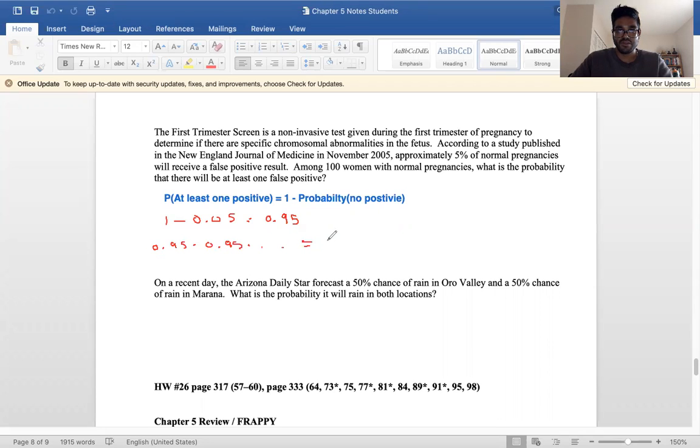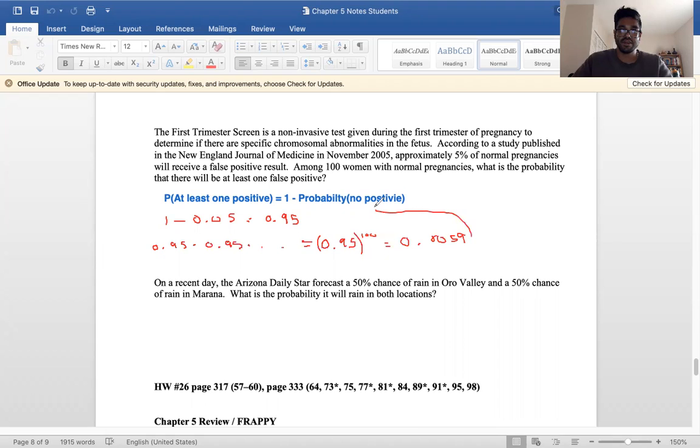When you start multiplying the same number a bunch of times, that's just doing an exponent. So you have 0.95 to the 100th power. Okay, so when you type that into a calculator, you get 0.0059. And so this is the likelihood of having no false positives.